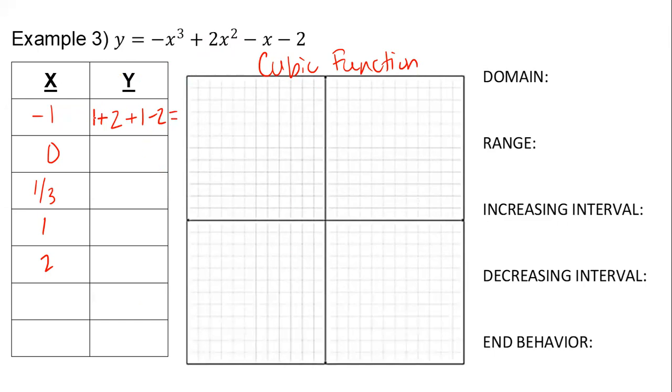And that equals 3 plus 1 is 4. 4 minus 2 is 2. 0 is easy. 0, 0, 0, -2.